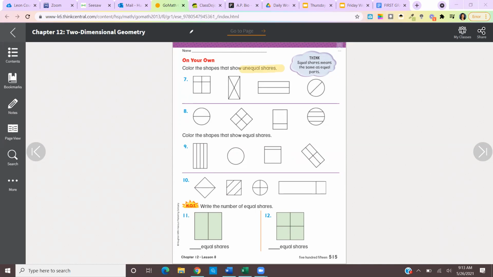For numbers 9 and 10, you're looking for equal shares. Okay, so remember, unequal means the shapes are not the same. Equal means all parts are the same size. And then numbers 11 and 12, it wants you to write how many equal shares. Okay, so I'm going to give you 5 minutes, and when you're done, we're going to come back together.